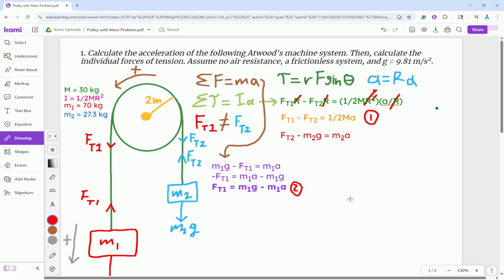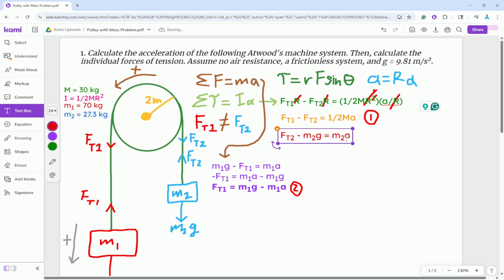Ready? Okay. So FT1 is M1G minus M1A. Cool, right? Now, what about this one? Well, this one's pretty simple. Since FT2 is positive, we just add M2G to both sides. Oh, sorry, sigmas.